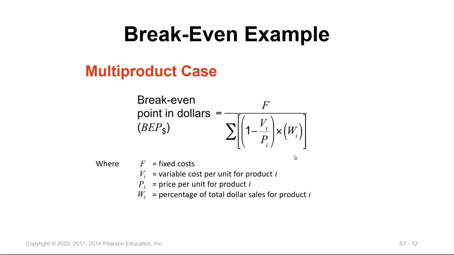So with the multi-product case, the break-even point in dollars will equal fixed cost divided by the sum of 1 minus variable cost per unit divided by the price per unit, multiplied by the dollar sales percentages. So we need to find the percentage of sale for each product and then multiply by the factor that we have, adding all that for the different products, and then find the break even for the company.